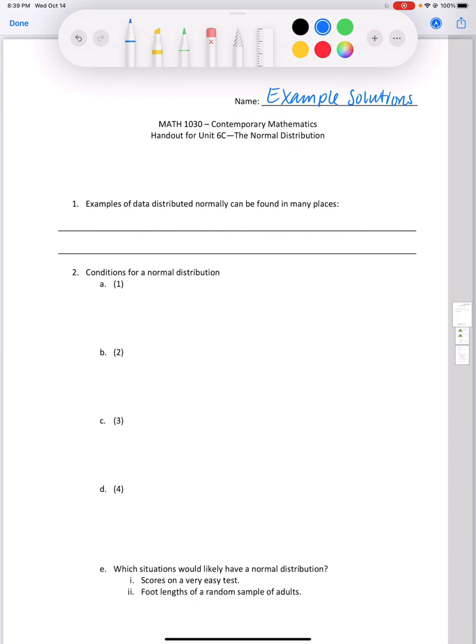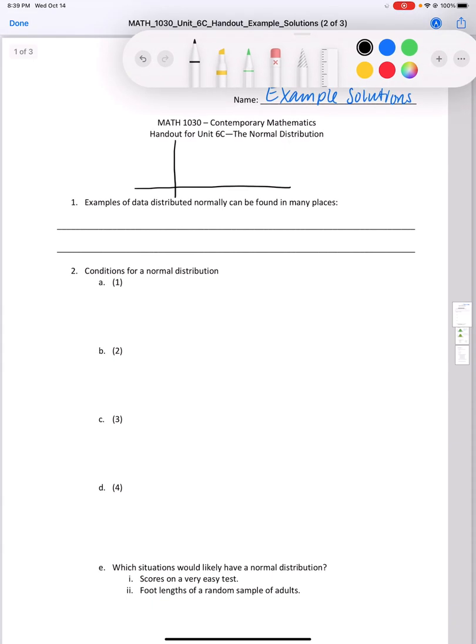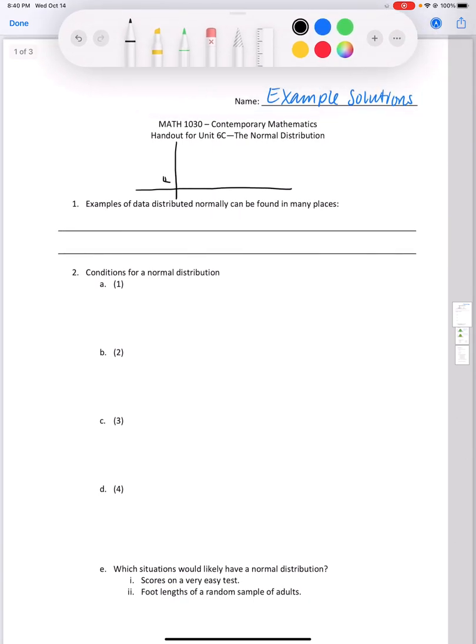So we have our graph axes, and we have the frequency on the vertical axis. And our curve is going to be nice and symmetrical.